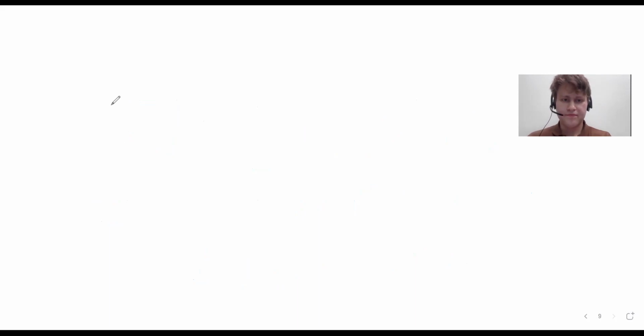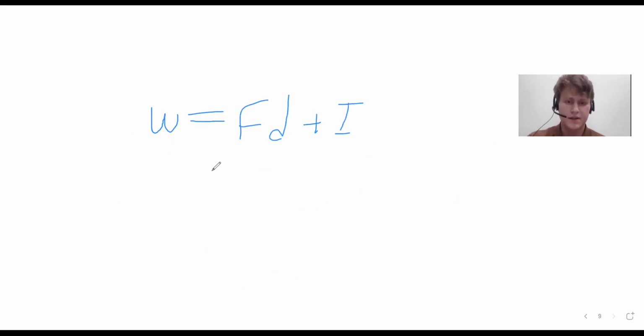So we have work equals FD plus I total, sorry for my bad handwriting here, omega squared over 2 plus u.